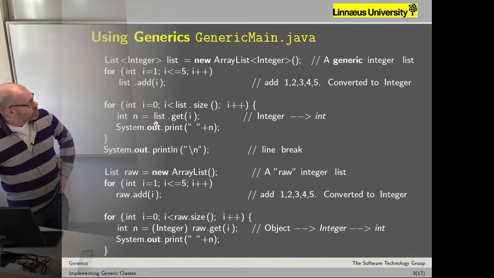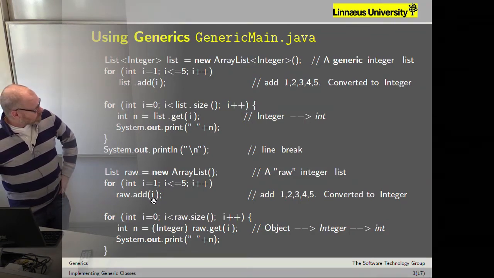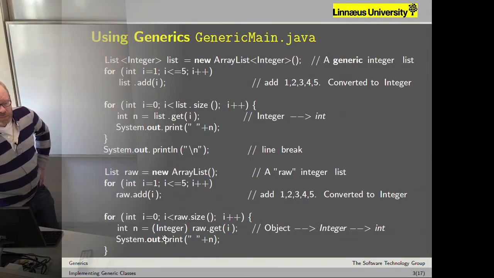If I didn't use a generic list, this is the raw version where we can store everything. I can store everything, and I can store integers as well. So here I am adding a number of integers, but the major difference is that when I'm picking things out here, since this one is a raw version, the compiler doesn't know what comes out, so we need to cast it into an integer down here.